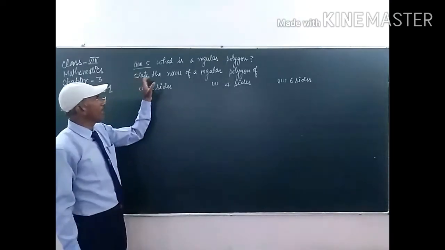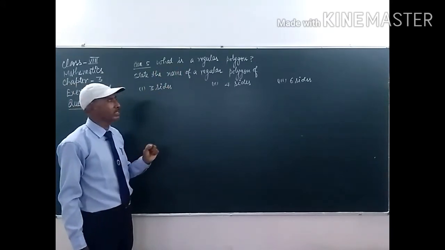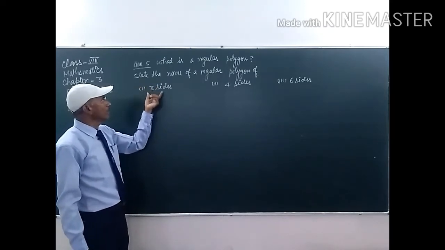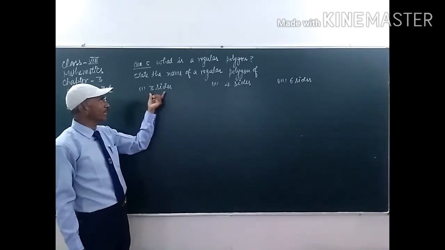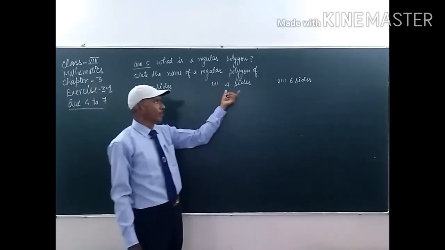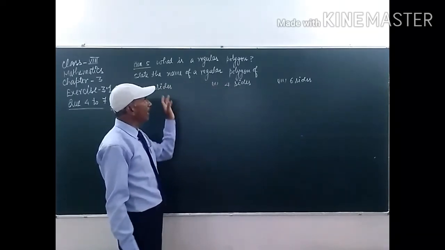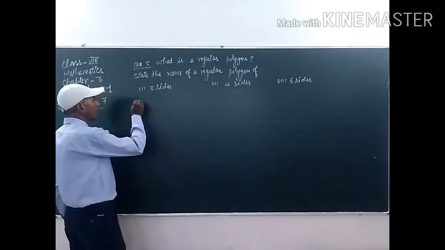In the first part, we have to explain what a regular polygon is, students, and in the second part of the question we have to give the special name of that particular polygon, that is 3-sided, 4-sided and 6-sided. So first of all, we have to define what a regular polygon is, students. A regular polygon.